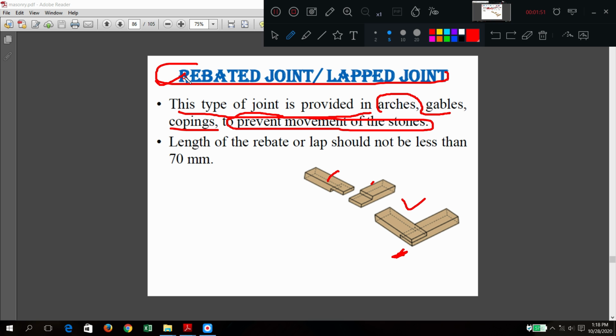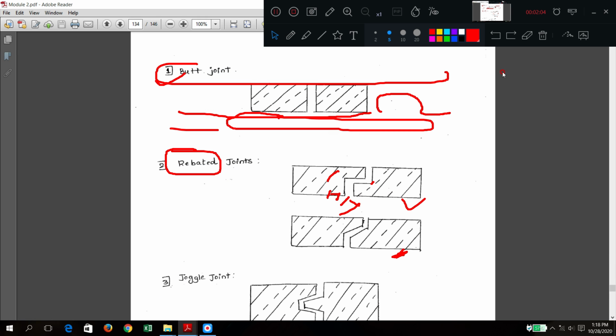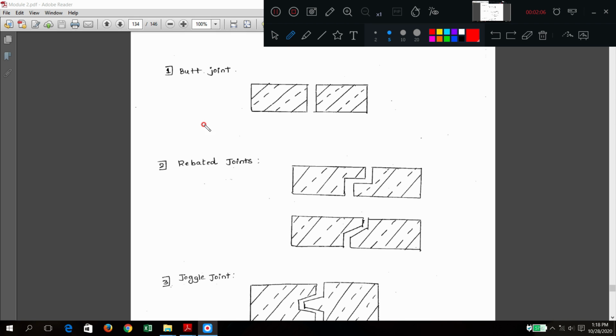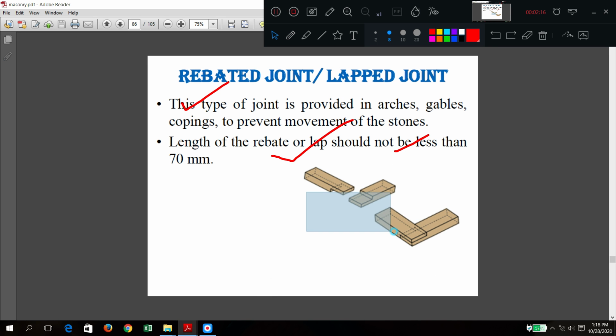Generally the length of the rivet is 70 mm. These are the diagrams in the textbook. For exam purposes, you should draw the butt joint like this. For the riveted joint, this diagram is a three-dimensional, isometric view.